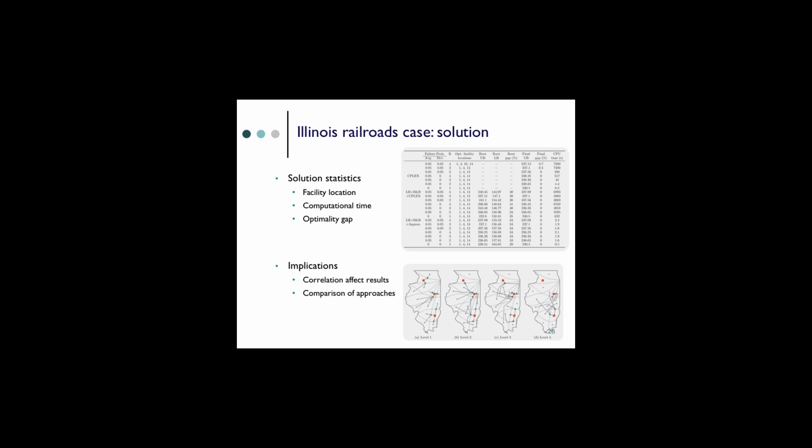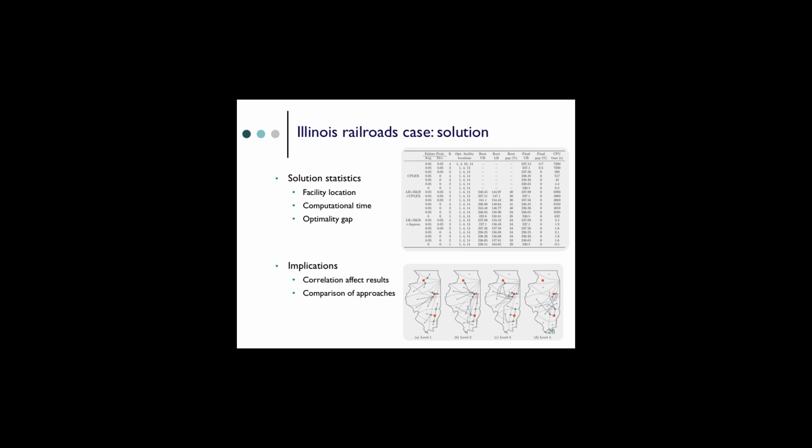The final solution statistics are summarized in this table. We have various parameter settings. For example, the access point disruption probabilities are different in different cases, and we vary the number of maximum backup level to test its effect.